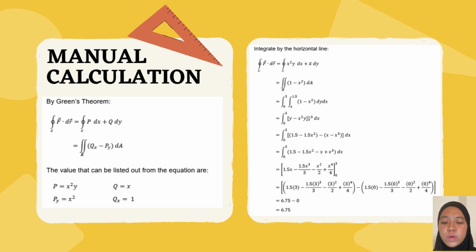So next, we integrate with respect to x. We get 1.5 x minus 1.5 x cubed over 3 minus x squared over 2 plus x to the power of 4 over 4. We substitute the limits, which are 0 to 3, and lastly, we get the final answer of 6.75.